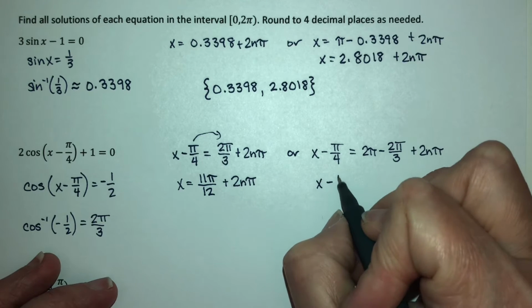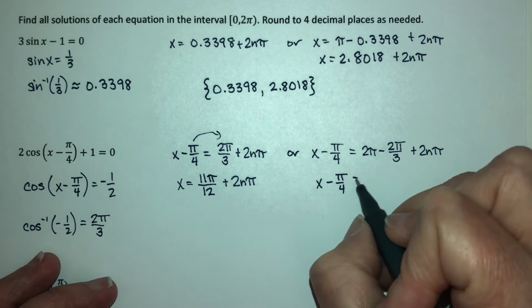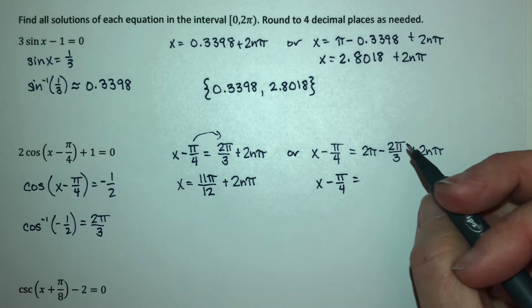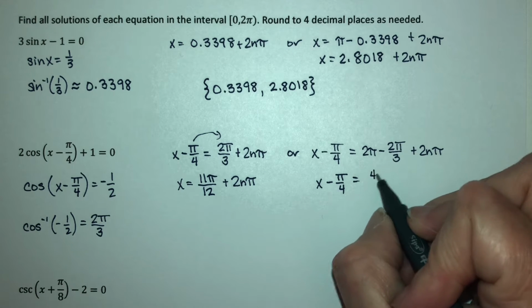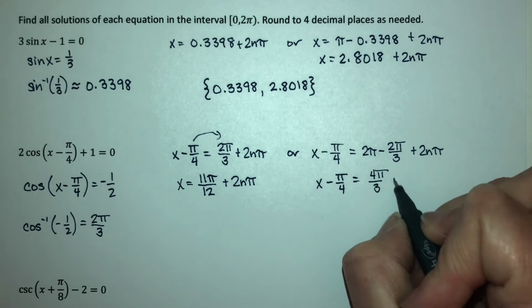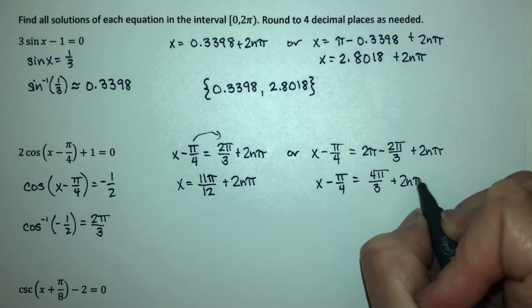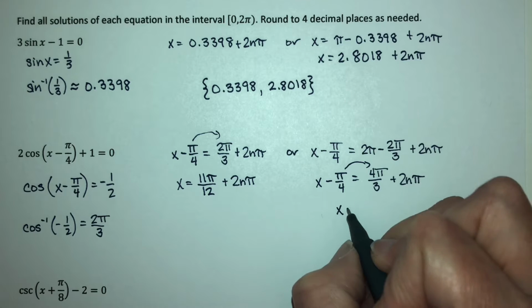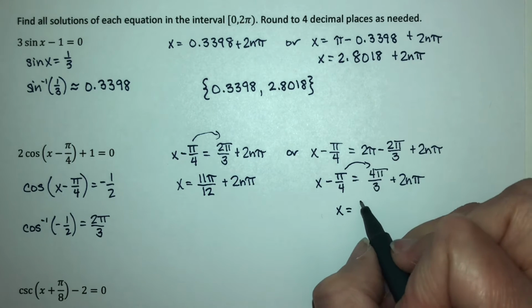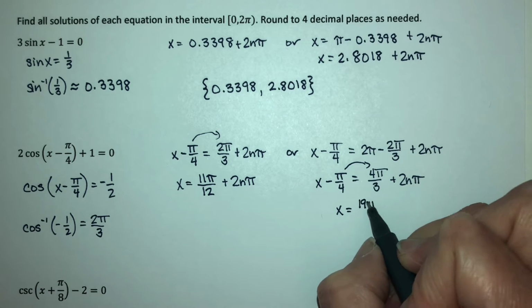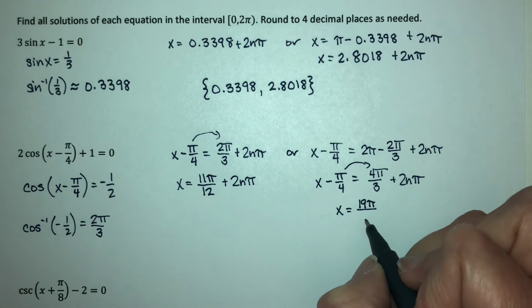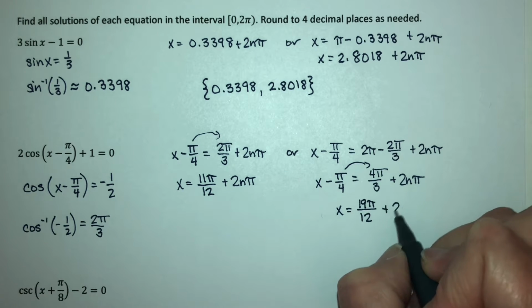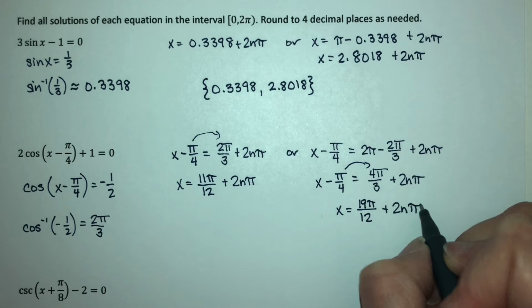Here we have x minus pi over 4 is equal to, that is 4 pi over 3 plus 2n pi. Now add pi over 4 to both sides, getting a common denominator, and you get 19 pi over 12 plus 2n pi.